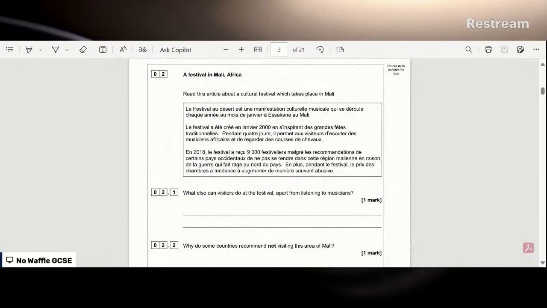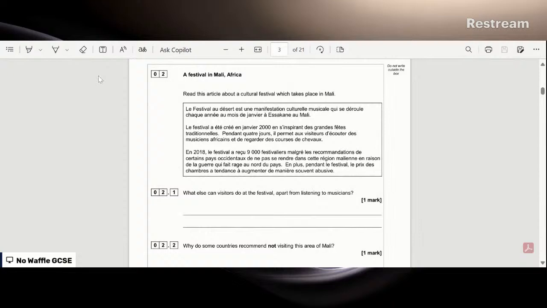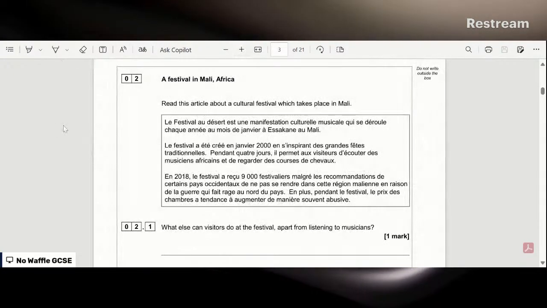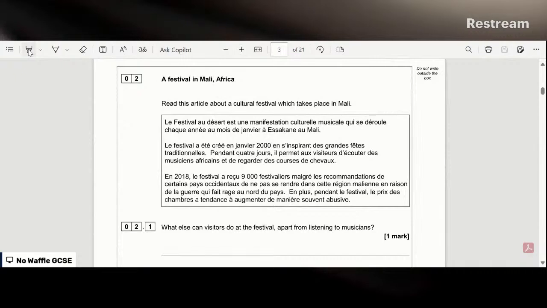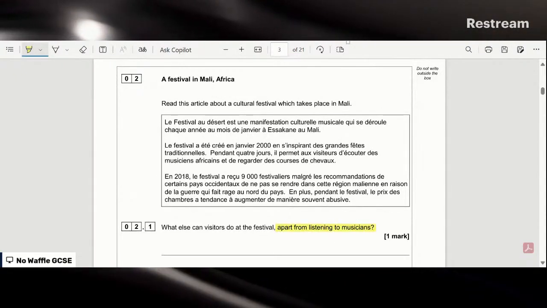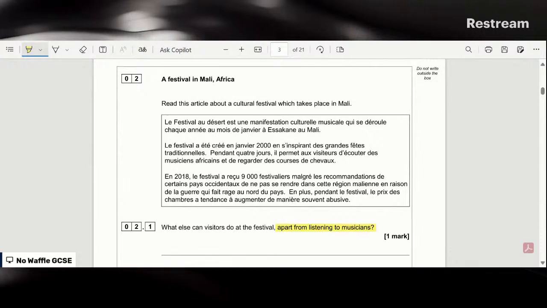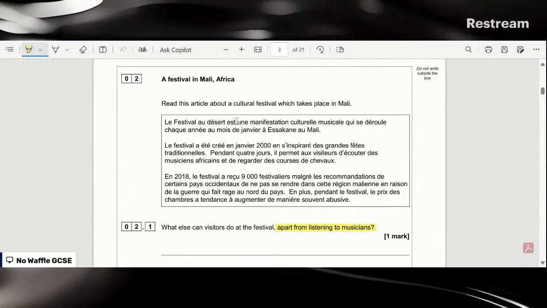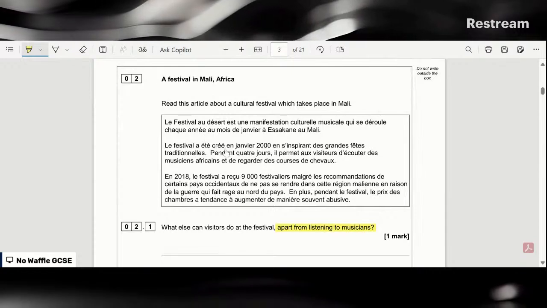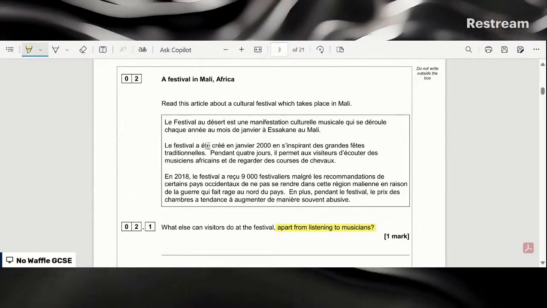So here is a writing one. So read this article about a cultural festival which takes place in Mali. So what else can visitors do at the festival apart from listening to musicians? So let's see. Le Festival au désert est une manifestation culturelle musicale, that talks about music.